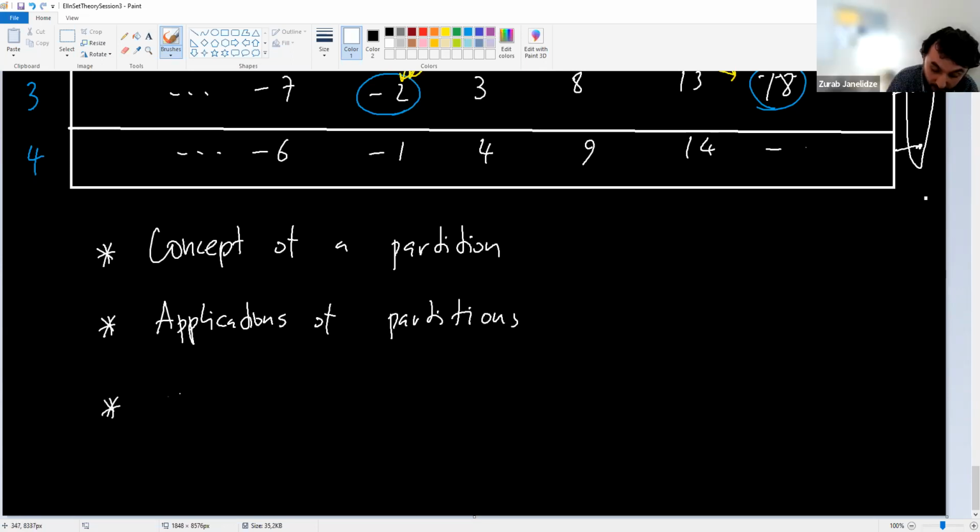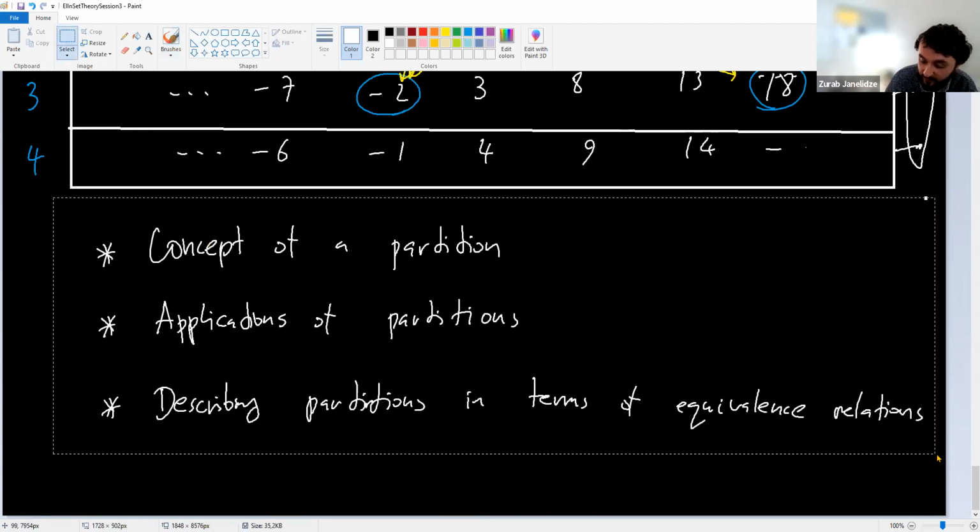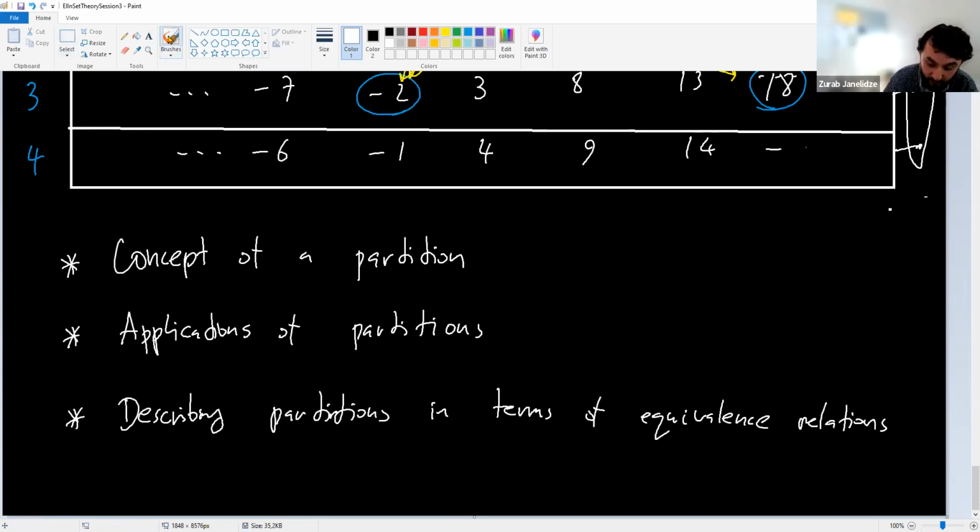And we looked at the concept of equivalence relation, describing partitions in terms of equivalence relations. And in some sense, conversely, because we gave this one-to-one correspondence in that theorem. So equivalence relations give a full description of partitions.